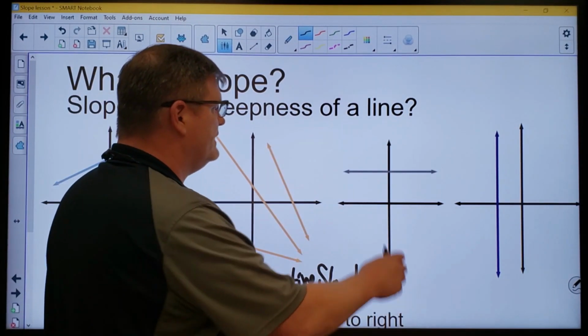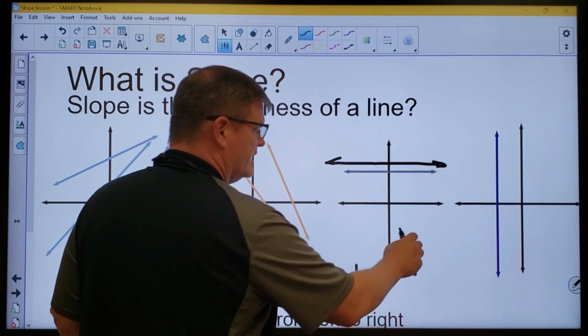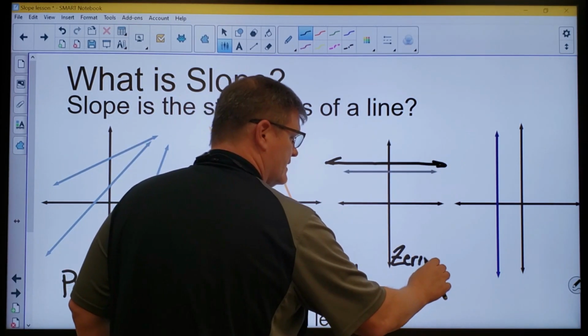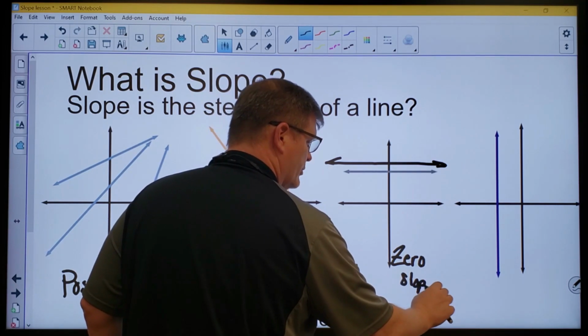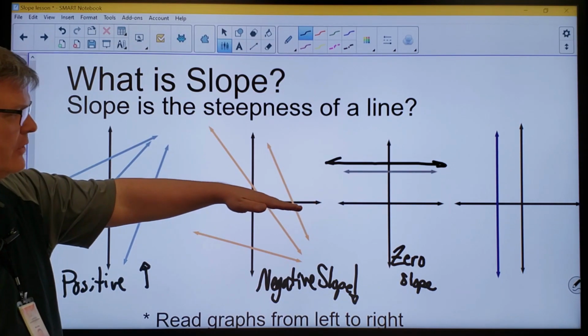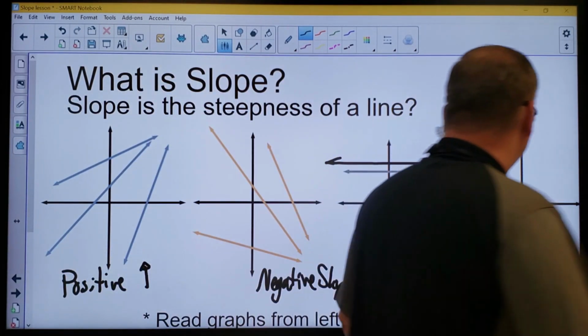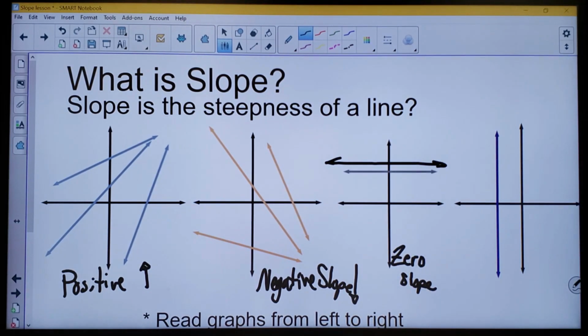Next, we have a line that goes just straight across the graph. This one, we're going to call a zero slope. Okay, so any line that's just flat, just horizontal on the graph, is called a zero slope. And finally, the last type of slope we have is a vertical line.